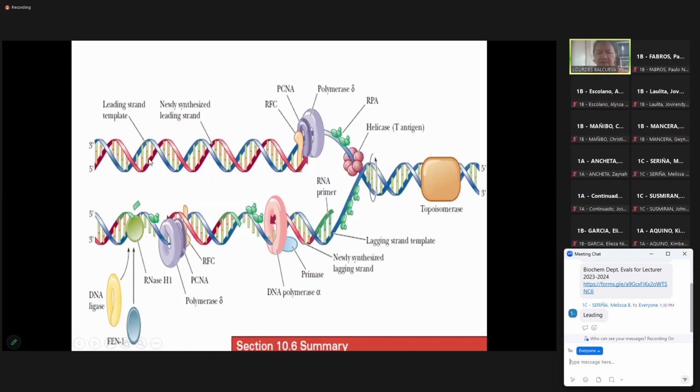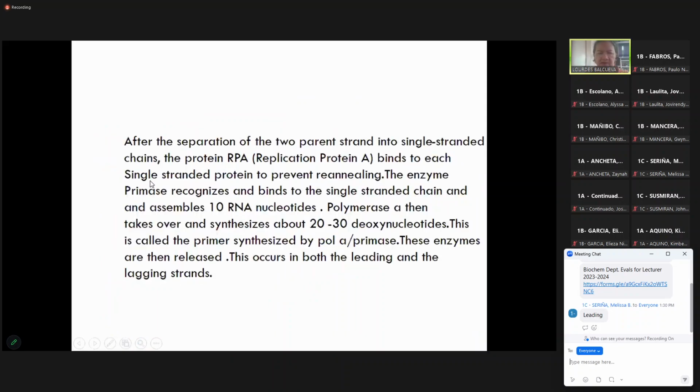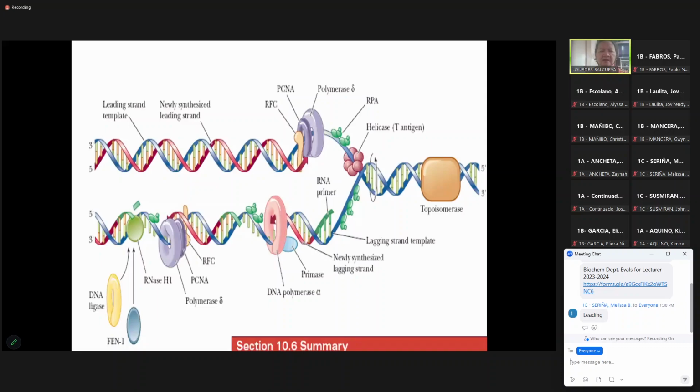Then, in the same manner, the first nucleotides that are incorporated into the Okazaki fragments are RNA, through the same enzymes, the primase and the polymerase alpha, and then followed by the polymerase delta. Polymerase epsilon pala.